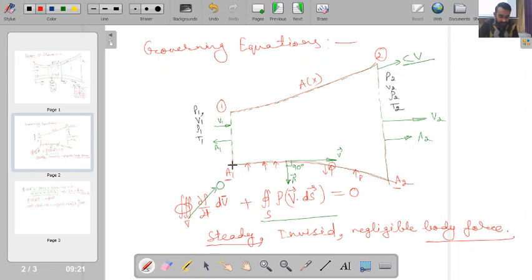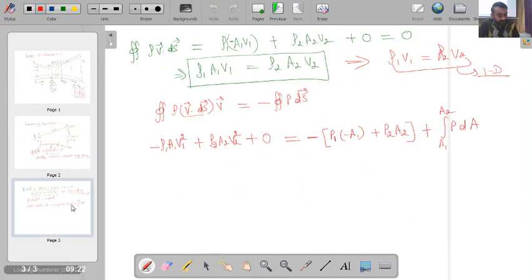So basically I will be considering this projected area on which my pressure is actually acting. So what is the contribution of that? Is this one clear? So that is the reason I have included integral PdA from A1 to A2.